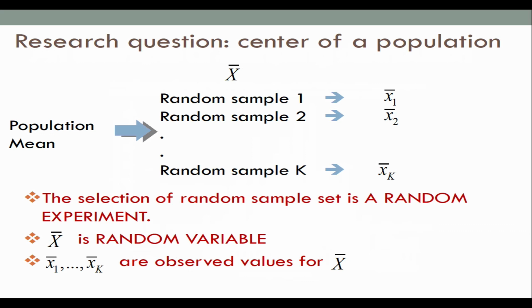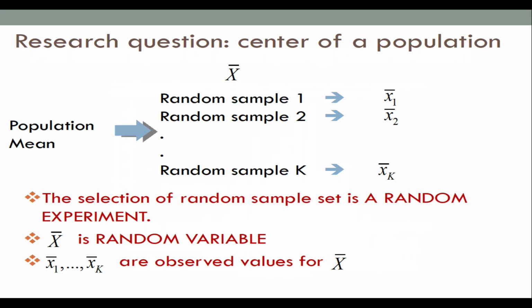One possible value is small x1 bar. And then the second time I draw another sample with size n, I get a small x2 bar. So this capital X bar just represents a sample mean. This is a random variable, a general random variable for all the samples.